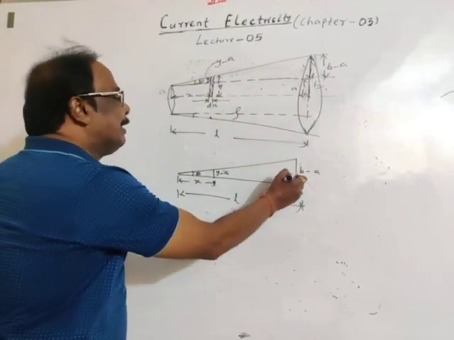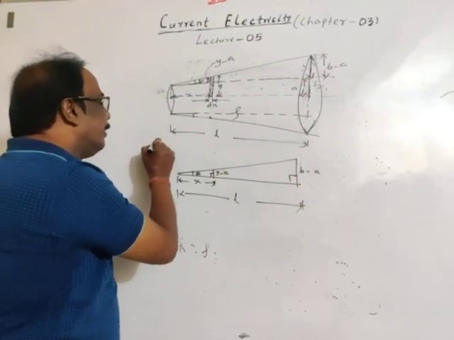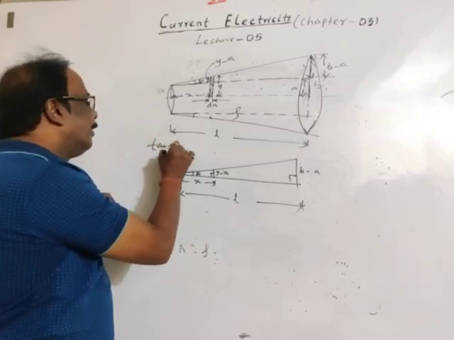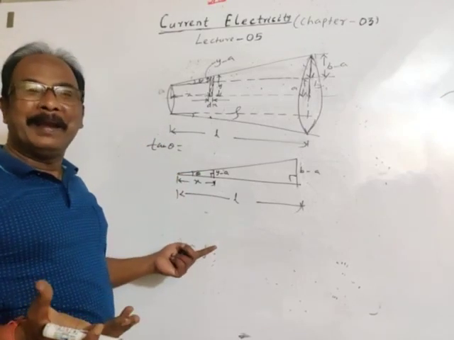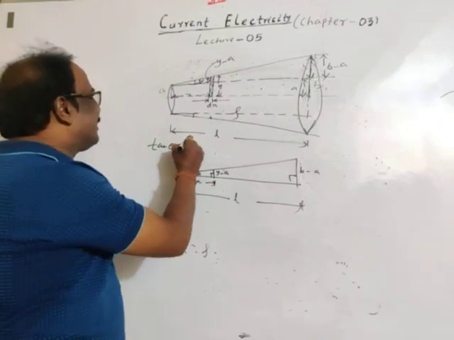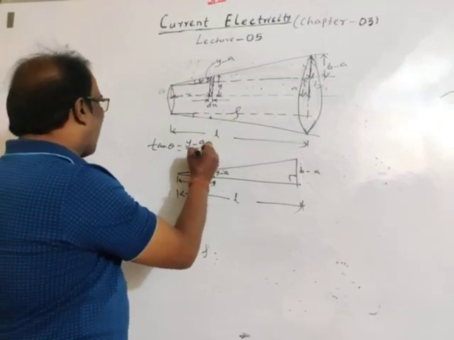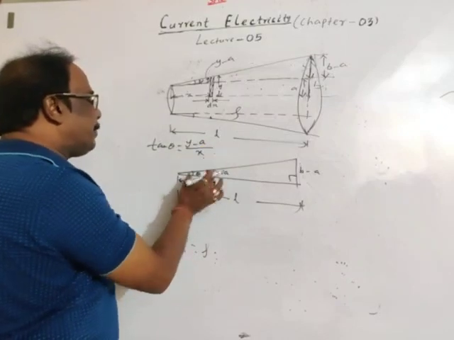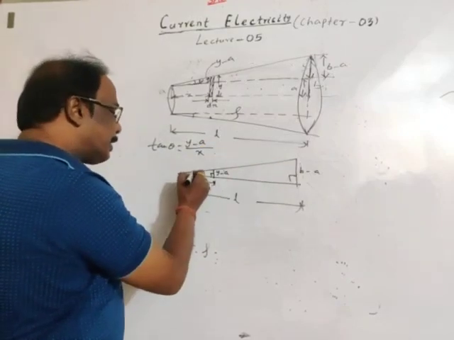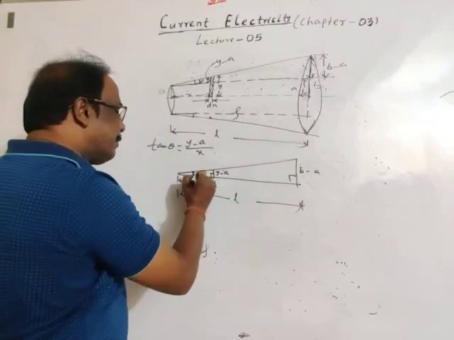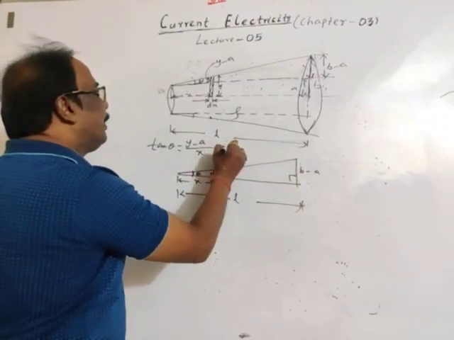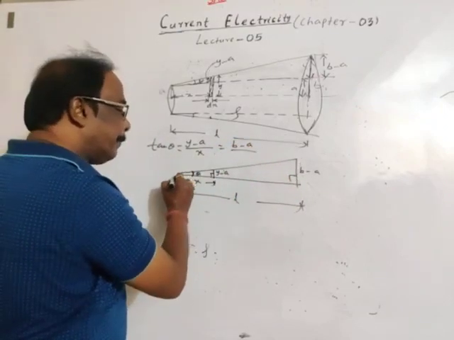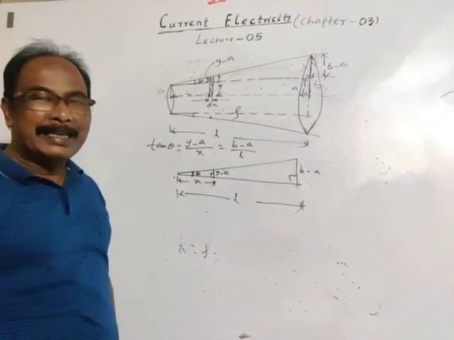Then see, this angle is 90 degrees. Then tan theta is equal to perpendicular upon base. Here perpendicular is y minus a, base is x. In the same triangle, with the same angle theta, perpendicular is b minus a, base is L. Is it clear?